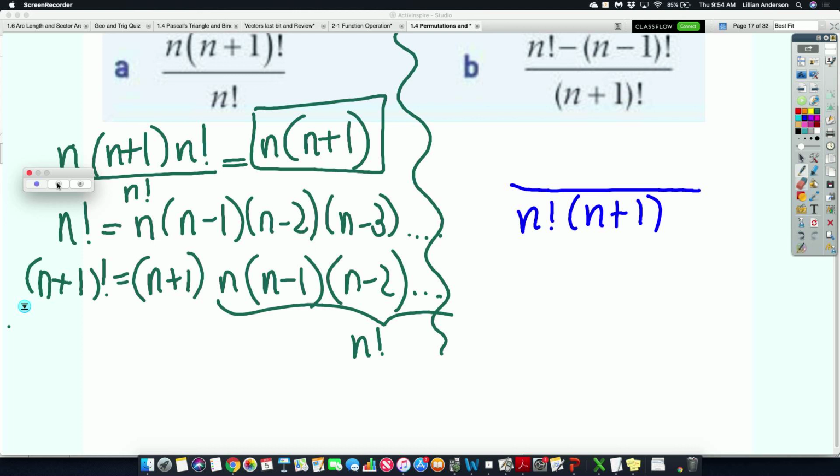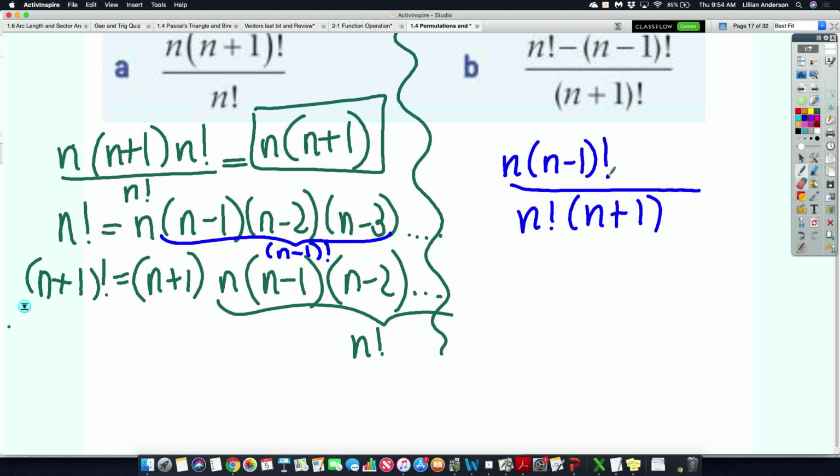Is there another way I could represent n factorial? n times n minus 1 factorial. Yes. All of this is like saying n minus 1 factorial, because I will continue to subtract 1. So n factorial is the same thing as n times n minus 1 factorial. And now I have this at the top. You might say, well, that didn't make it any better, but it did.